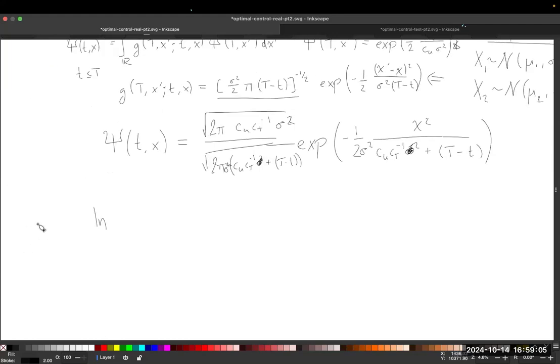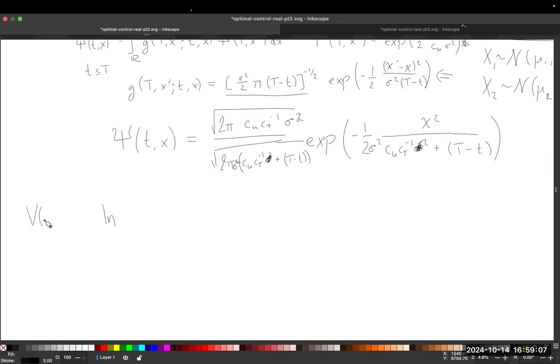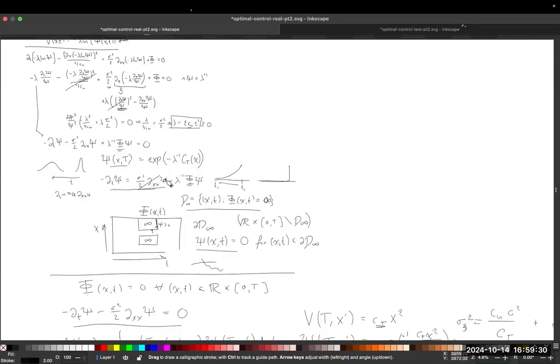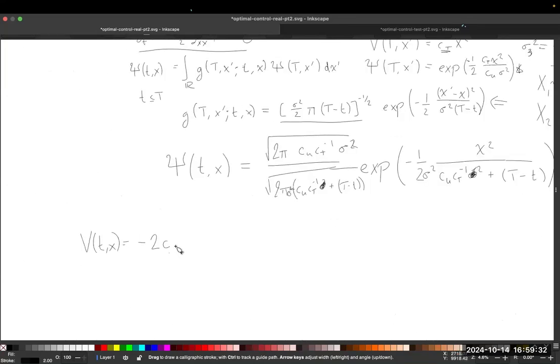Okay, and now we can actually produce our v t x by doing that inverse operation. So we're going to have lambda equal to minus 2 Cu sigma squared times the natural log.